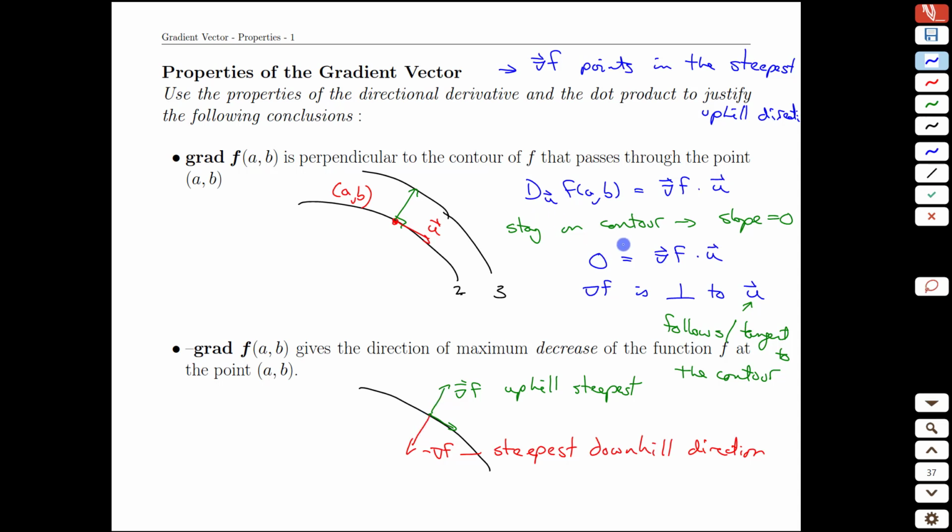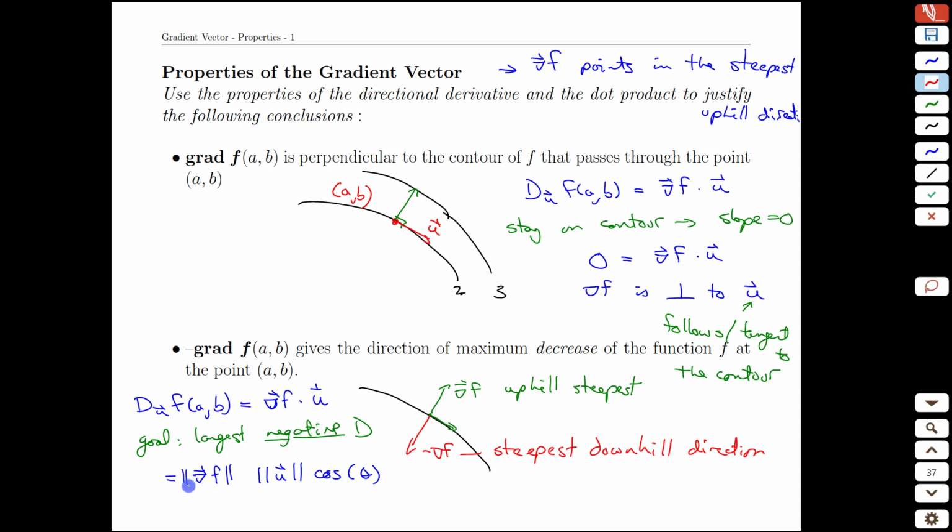Now, of course, we can validate this with the contour diagram or through the calculations again of the directional derivative. If we want to compute the gradient dotted with u, which is the slope in the direction of u, and if our goal is the largest negative value, then that can be computed by the alternative dot product, the angle-based dot product.